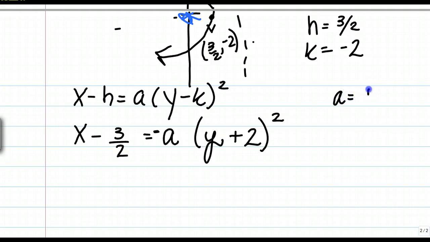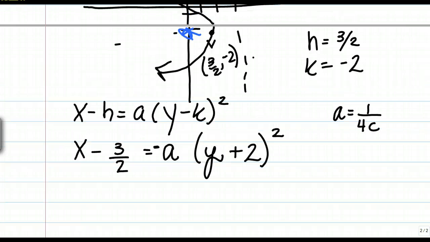We're going to use 1 over 4c to find out what a is, and if you remember, c is the distance from here to here, or from here to here, so that was the distance of 1 1/2. So c equals 3 halves.